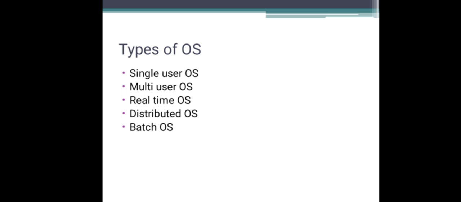Now the next one is distributed. This type of operating system runs on a group of computers present at different locations and interconnected with each other by a network. In this kind of operating system, every user thinks that they are working on a single computer, and it is beneficial in mobile and cellular networks. And the last one is batch operating system. In this type, the user doesn't need to interact directly with the computer.